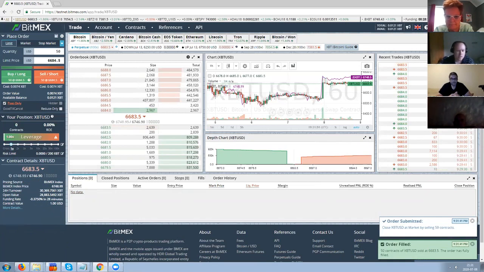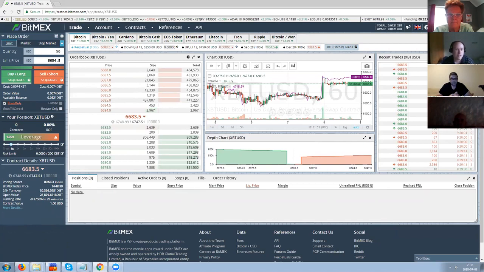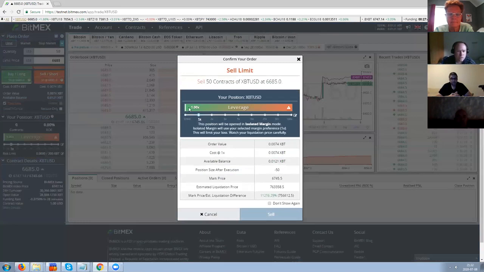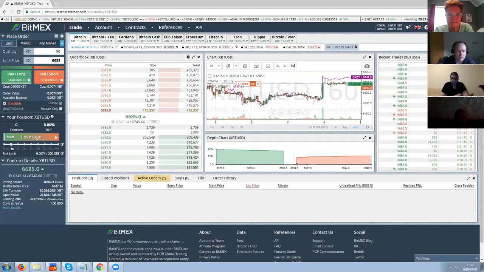So it's immediate. Then with Bitcoin, you can wait for it to go down, or you can enter a short position at 66.84. This was 66.85. And then you just enter a sell short, and you can use leverage if you want, and then you just press sell.